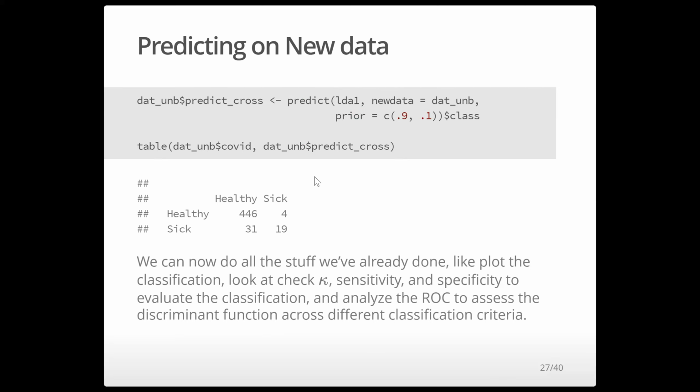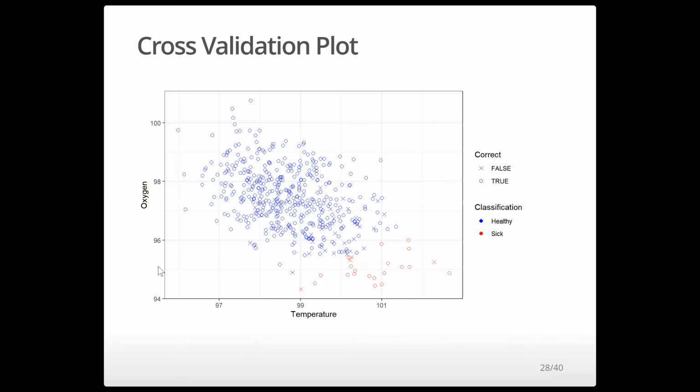We can plot the classification, look at kappa, look at sensitivity and specificity, and then analyze the receiver operating characteristic curve to assess the discriminant function. And here's the plot. This is the unbalanced data, but it's using the discriminant function, the model, based on the balanced data. I just adjusted the prior, so it's correct. You can see it's doing a pretty good job, as we saw in the contingency table.